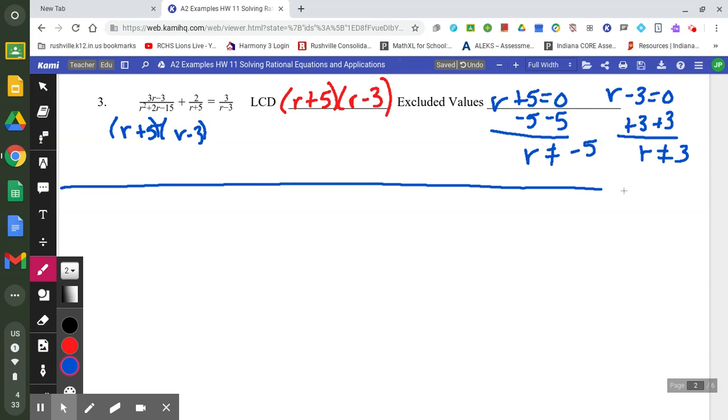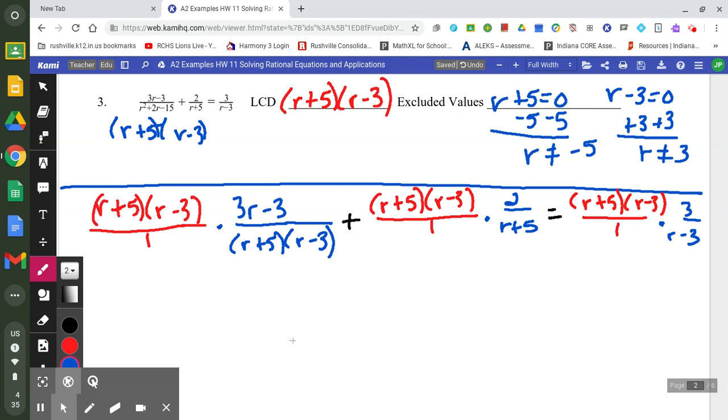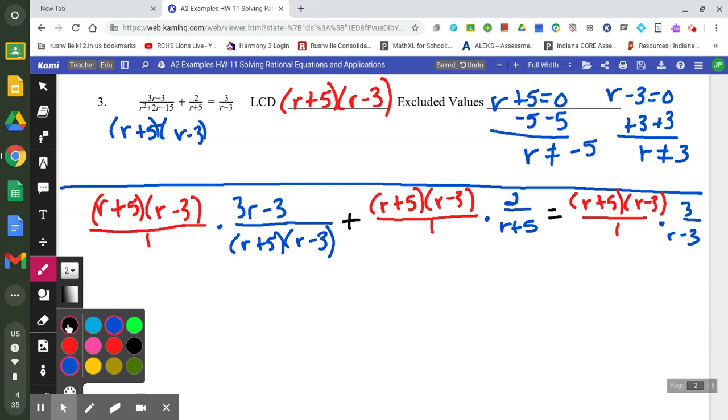So now I'm ready to set up my equation. So now I have my least common denominators in my equation, getting ready to multiply them. So now I can do my canceling.